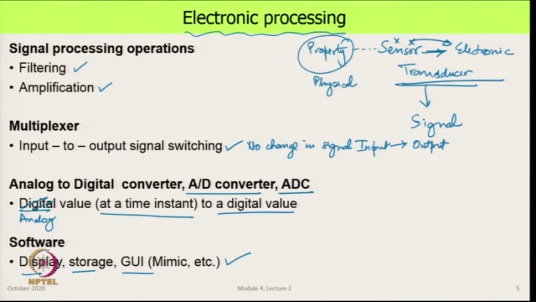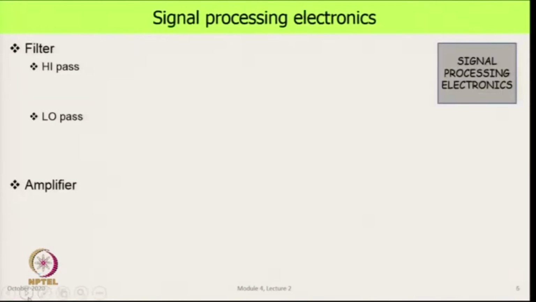Now, we will look at some of these in a little more detail. Each one of these is a full course by itself, and in this course I am just giving a very brief overview of what it does. First is the filter, which can be high pass or low pass, or even a third one, band pass.